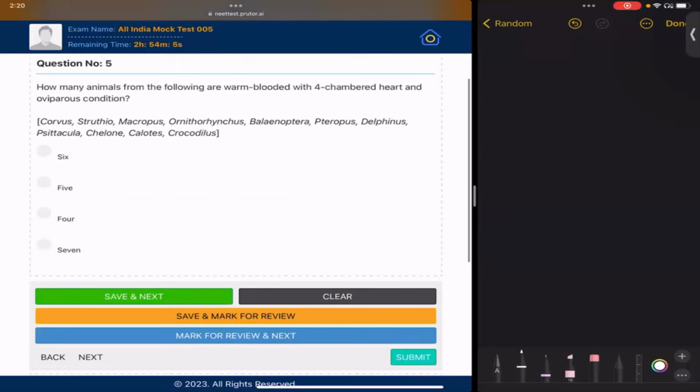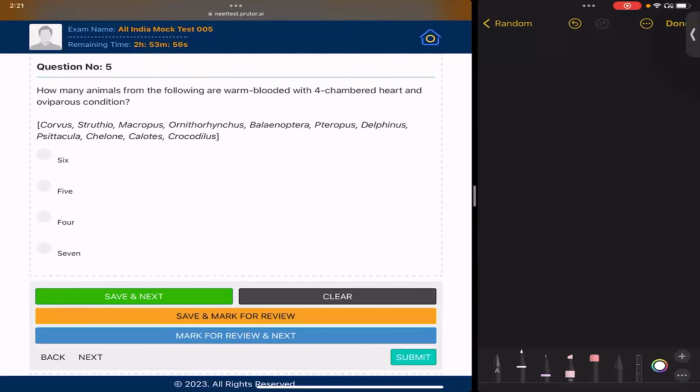Moving on. How many animals are warm blooded, have a 4-chambered heart, and are oviparous? Okay, so for warm blooded we have the birds and mammals. These two are warm blooded.